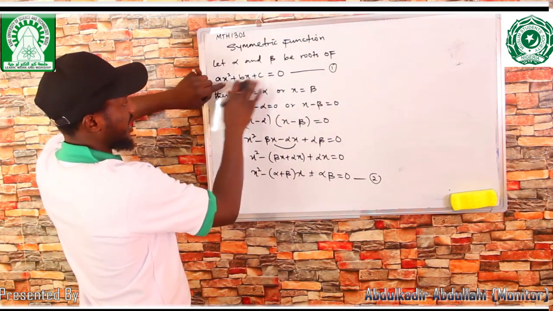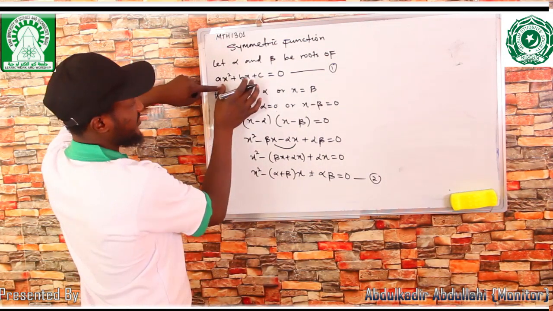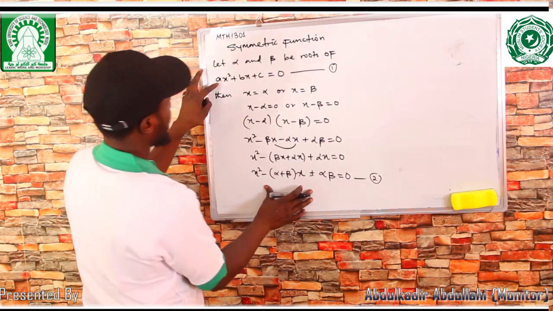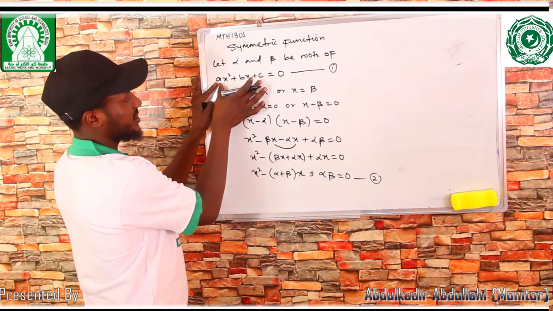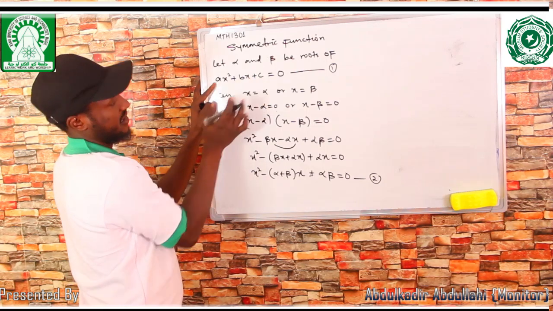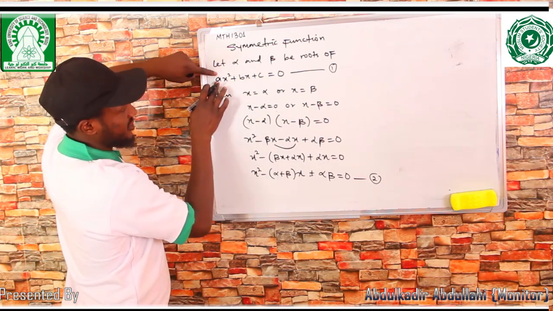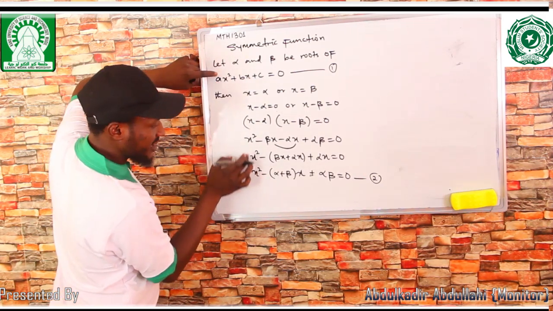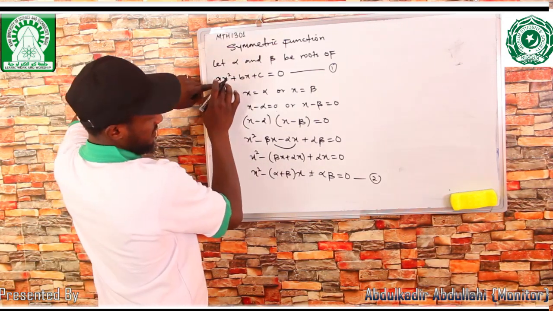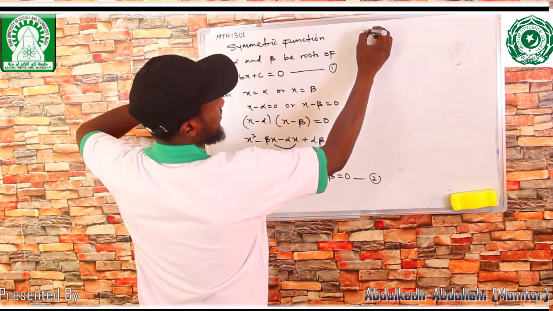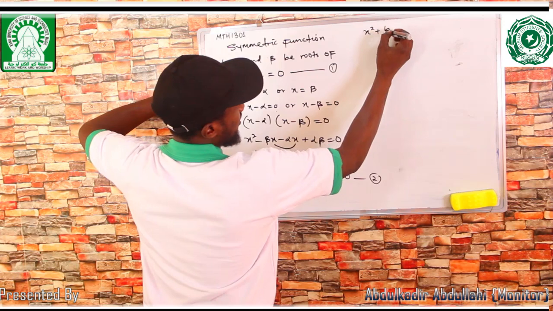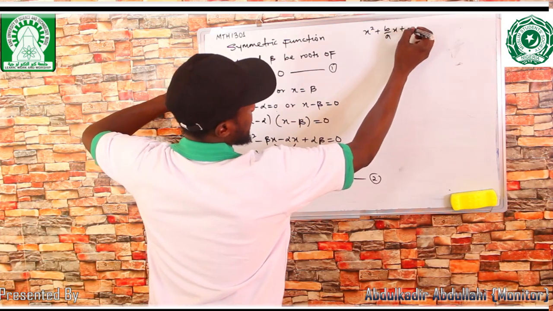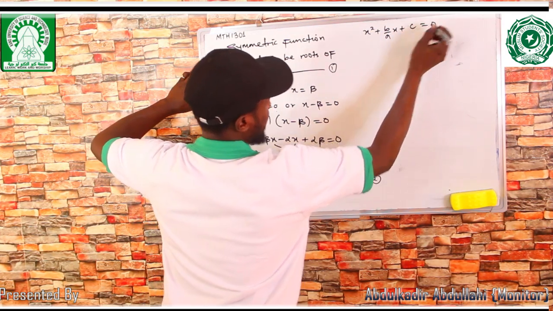Having named this here, I want to compare this one with this one. And to compare, we have to divide through by the coefficient of x squared, which is a, so that we are going to have a unique x squared here. So dividing by the coefficient, we are going to have x squared plus b over a x plus c over a is equal to 0.